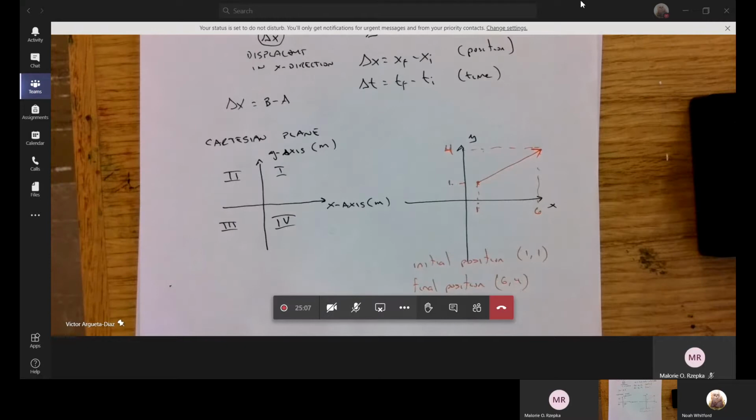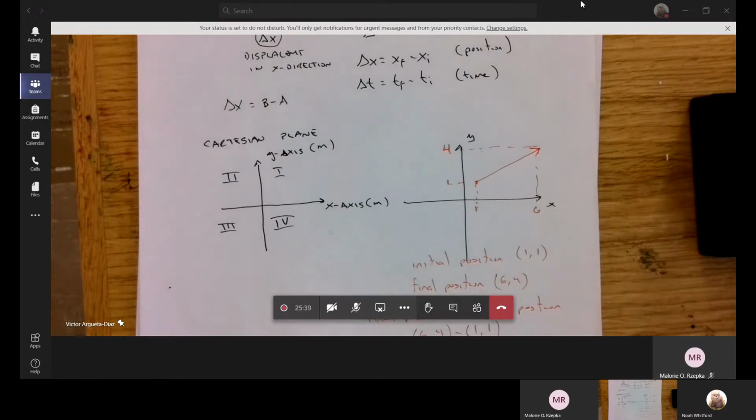Okay, so to calculate the displacement of this thing, or the size of the vector, what I'm going to do is final position minus initial position. So my final position is (6, 4) minus (1, 1).